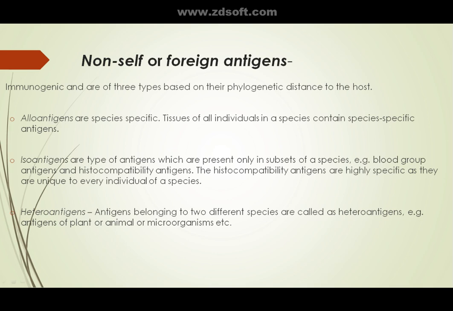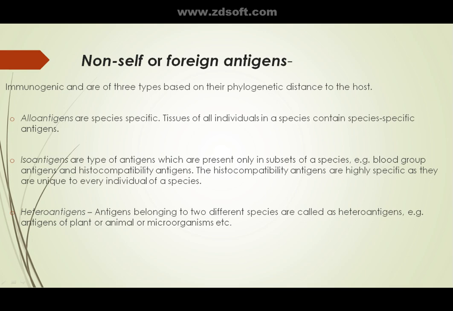Non-self or foreign antigens are mostly antigens that are not present in our body; they are completely foreign to us. These are like heteroantigens. They are not a part of the human body.